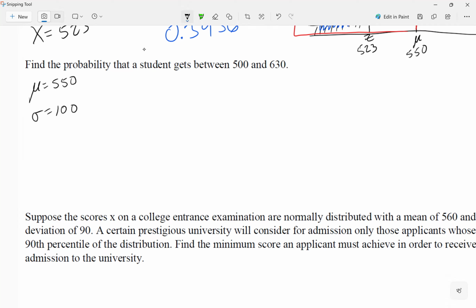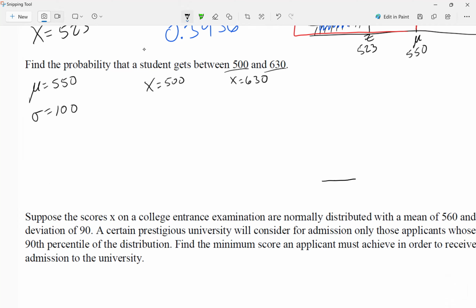Now I'm going to be checking for two x's: my x is 500 and my other x is 630. Because I'm checking for two x values, I'm going to use two different z-scores.